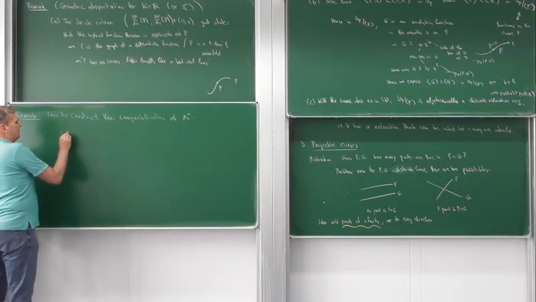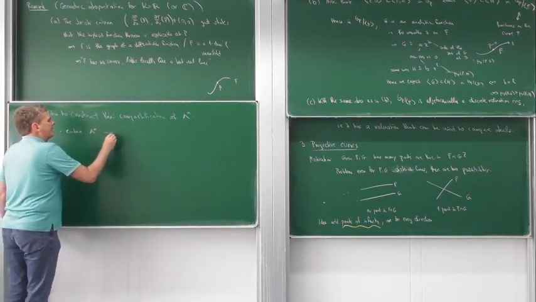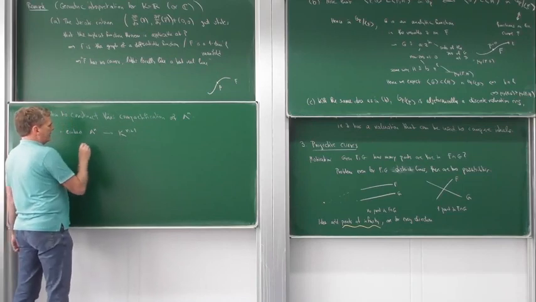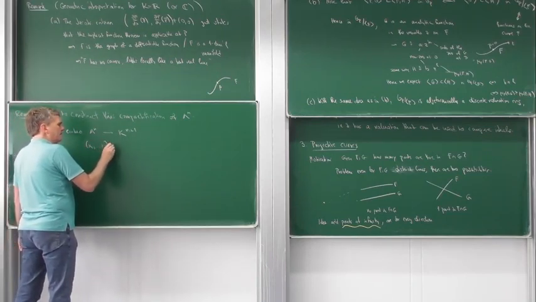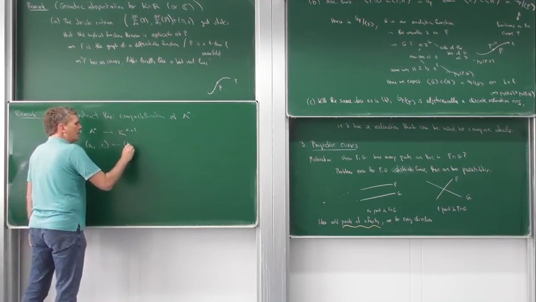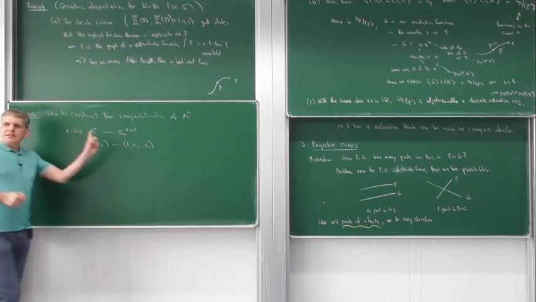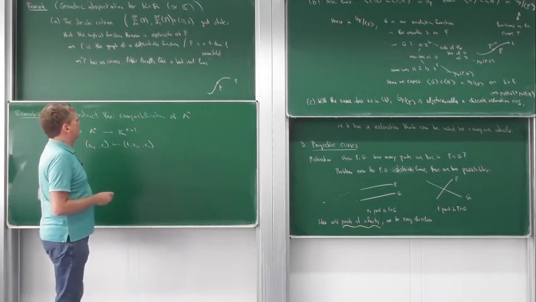So first of all, embed AN in a vector space of dimension one bigger, k^(n+1), by sending a point x1, ..., xn, these being the coordinates here, to (1, x1, ..., xn), and consider the line through the origin in k^(n+1) and this point.